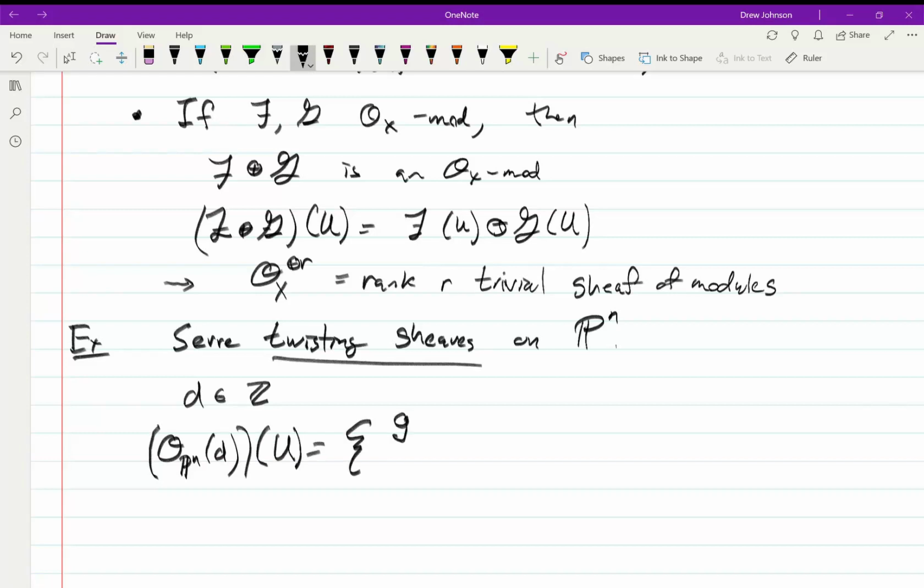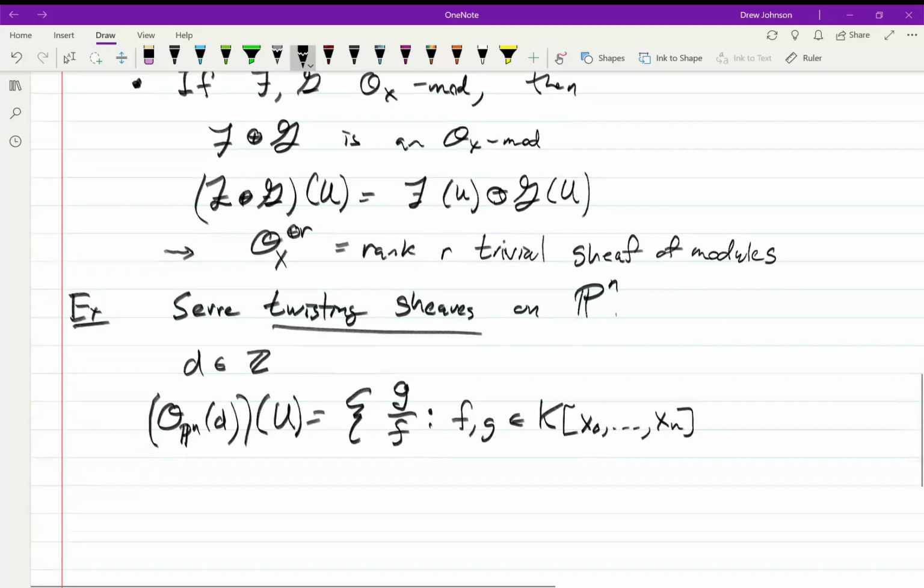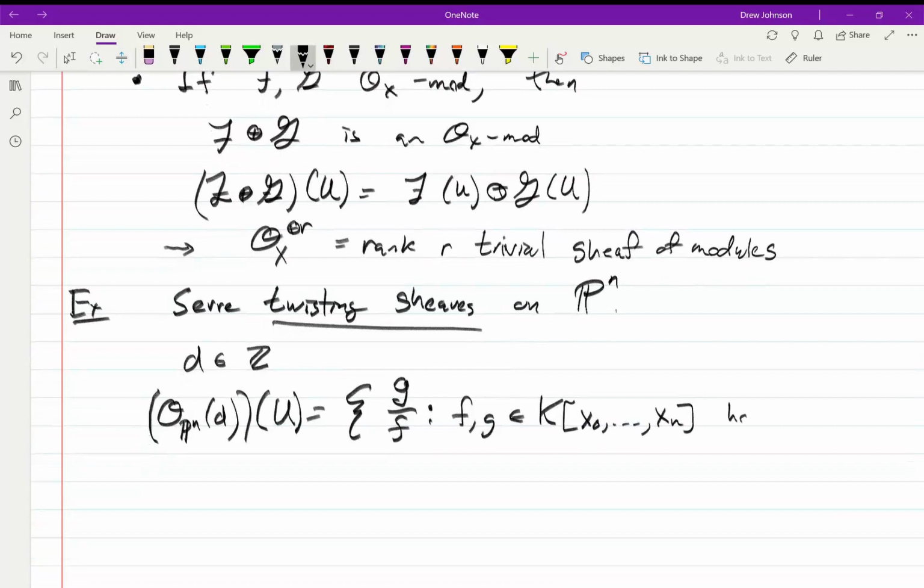It will be things of the form G over F, where F and G are homogeneous polynomials in the homogeneous coordinate ring of Pn, with degree of G minus degree of F equal to D. So this quotient is supposed to have degree D, and the degree of the quotient is defined by the degree of the numerator minus the degree of the denominator.